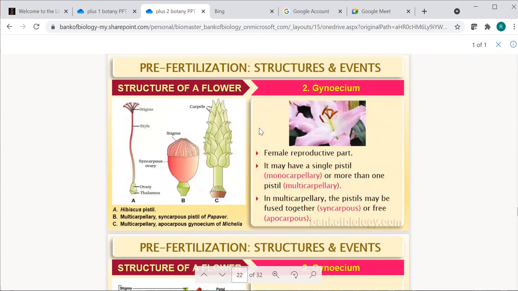So we will move on to the next part, that is Gynecium. Gynecium means the female reproductive part of the flower.